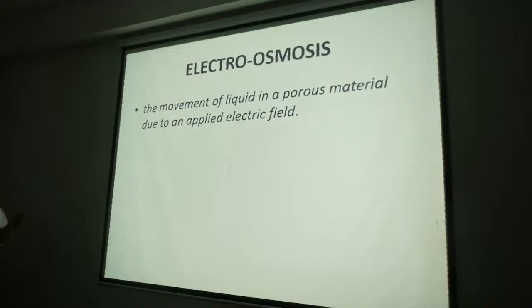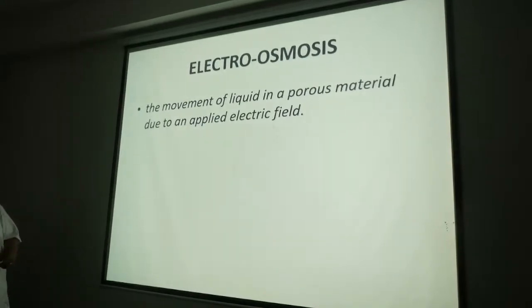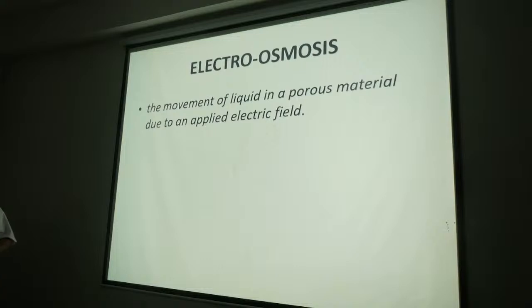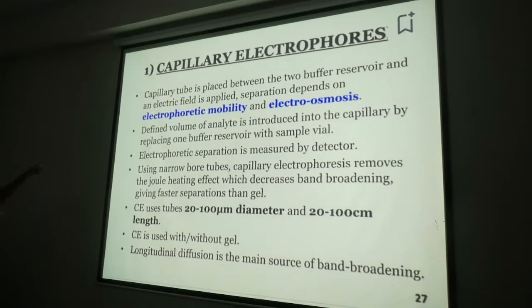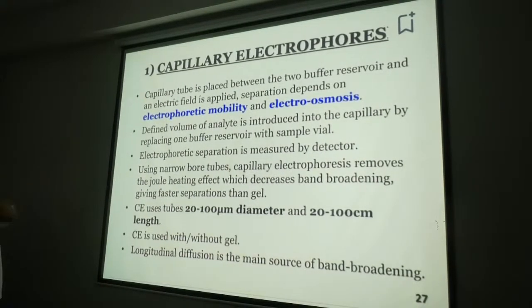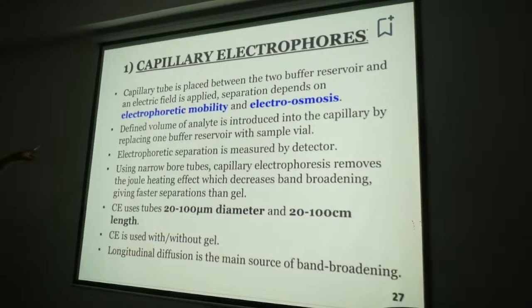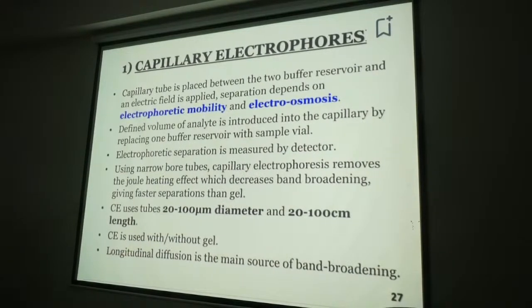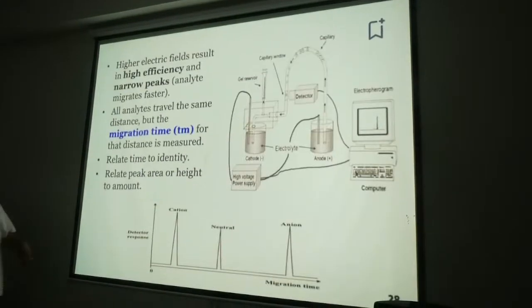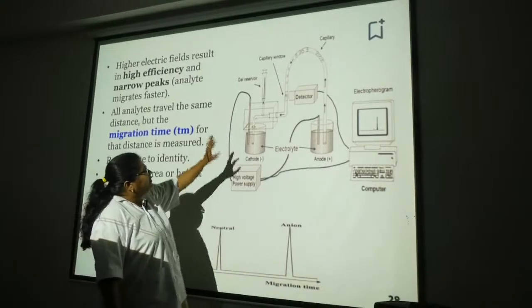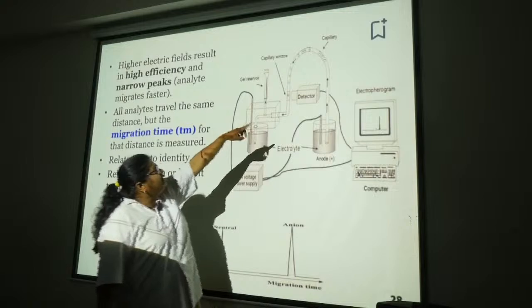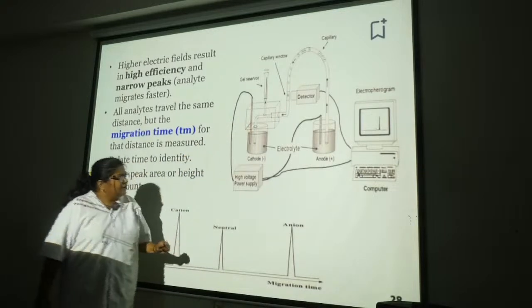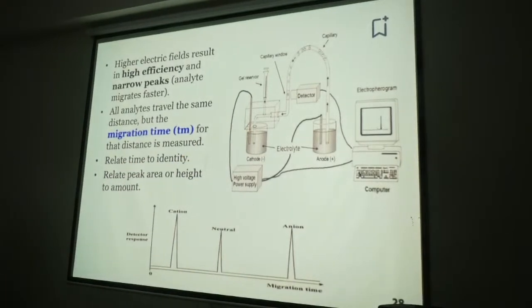That means osmosis due to the effect of the electrical field. Here, in case of capillary electrophoresis, the separation depends on electrophoretic mobility and this electroosmosis. Just see this, all the process is the same. The only difference is that a capillary tube is used for electrophoresis. Others are all the same.